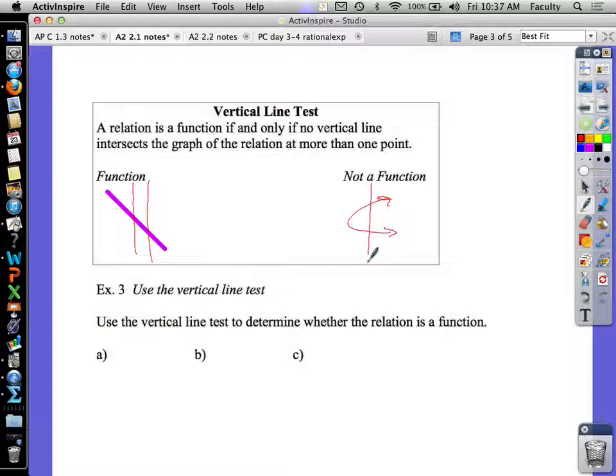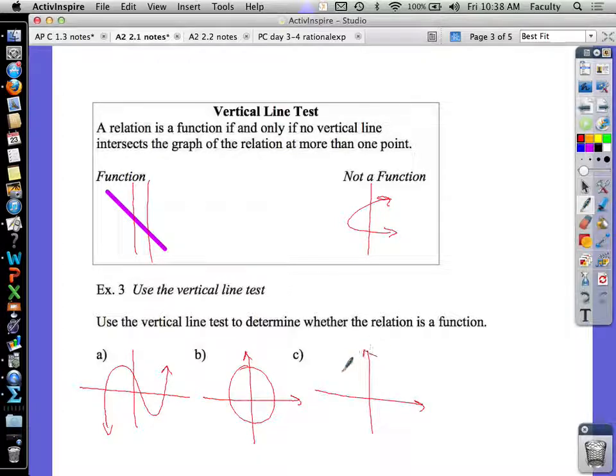So in example 3, let's draw the following pictures. And actually I want to make a letter D here to talk about a special case. So I'll give you a moment to draw those and then use the vertical line test to determine whether the relation is a function.